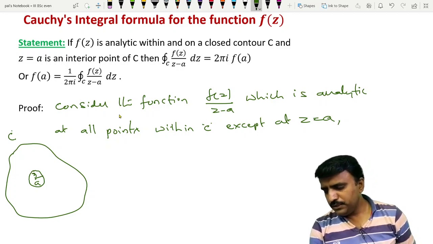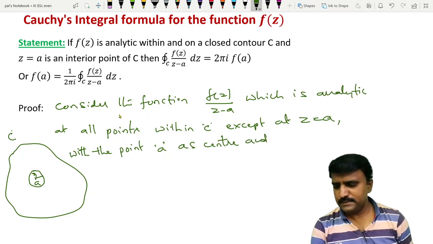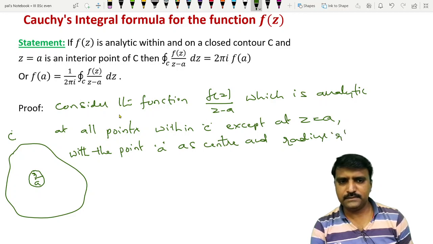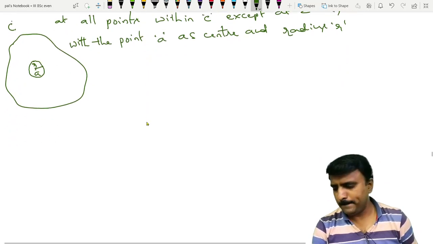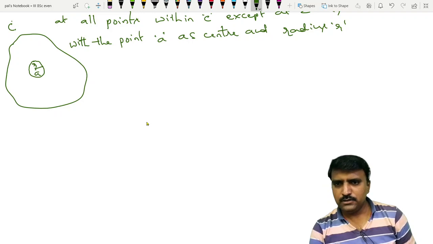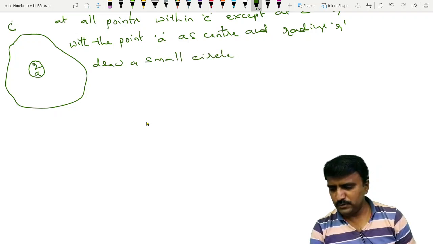With the point a as center and radius r, draw a small circle.